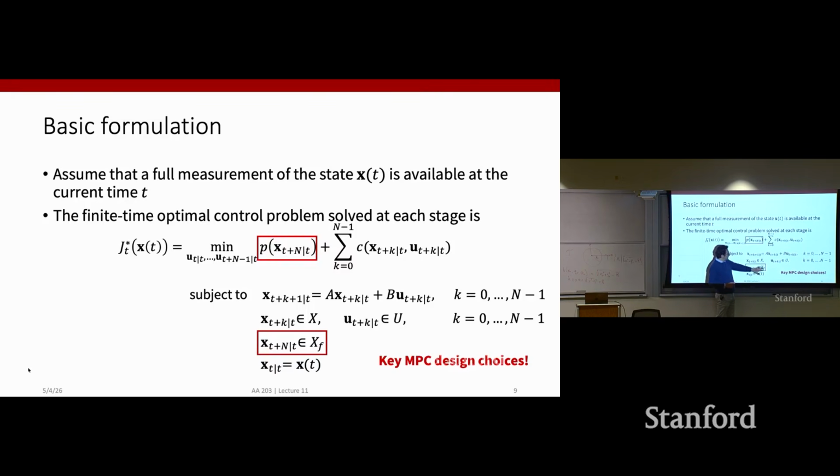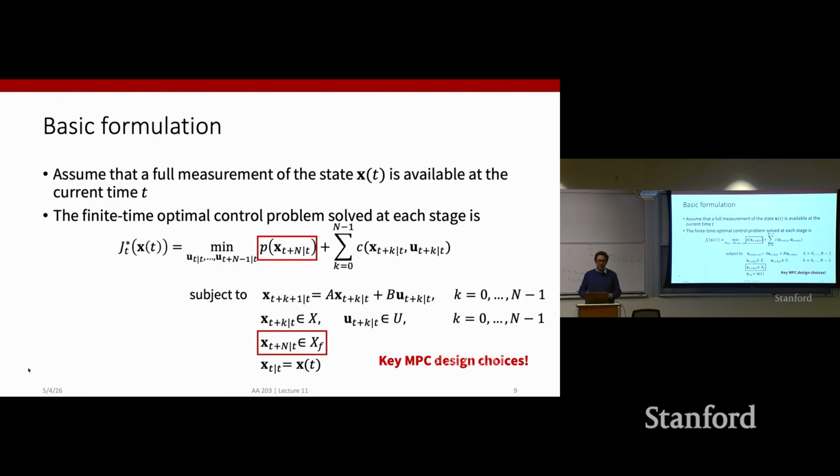Where are the terminal constraints coming from? And where is this auxiliary cost that is placed on the predicted variable at time N coming from? So those two terms are actually the two design choices or tuning knobs that as MPC designers you can tune in order to optimize the performance of an MPC control framework.